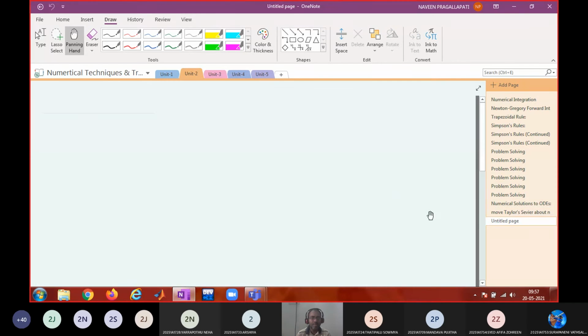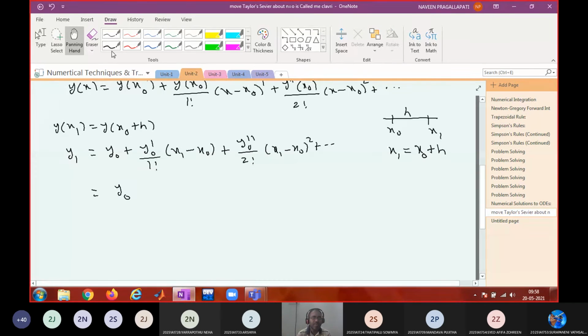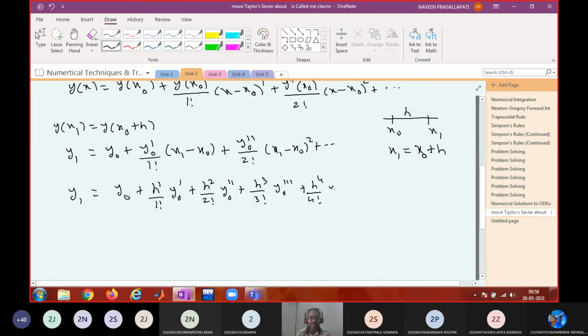Okay. So y1 is equal to y naught plus h power 1 by 1 factorial into y naught dash plus h square, since x1 minus x naught is h, h square by 2 factorial into y naught double dash plus h cube by 3 factorial into y naught triple dash plus h power 4 by 4 factorial into y naught fourth derivative and so on.